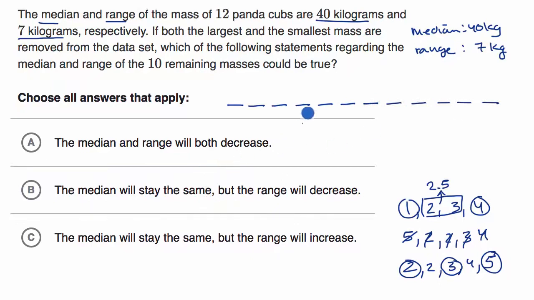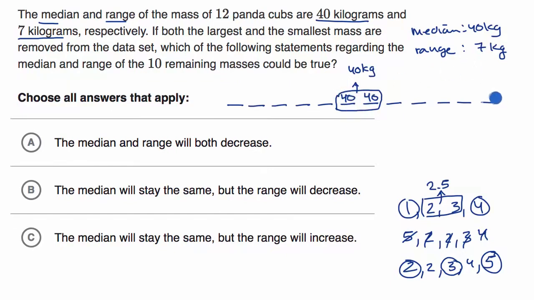And since it's an even number of numbers, the median is going to be halfway between the middle two. So 1, 2, 3, 4, 5, 6. So the middle two are right over here. Halfway in between them, that needs to be 40 kilograms. Now the easiest way to do that, you can have the same mass multiple times. So let's just make that 40 and 40 just to meet the constraints. It could have been 39 and 41, or you could even use decimals, but this is an easy enough example.